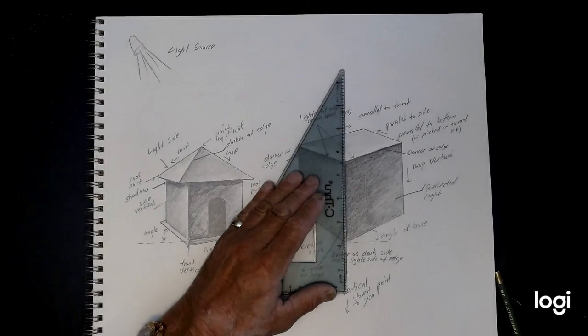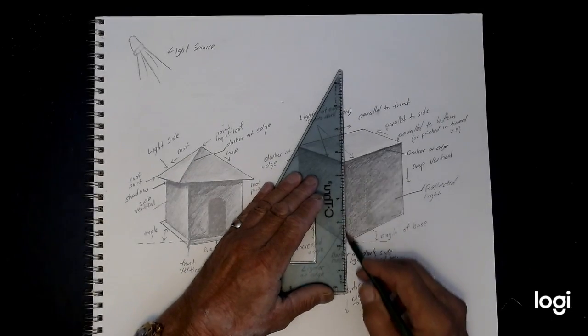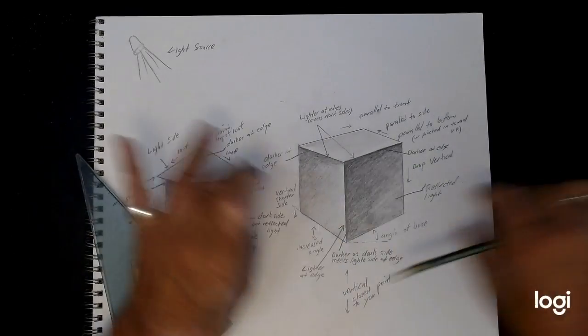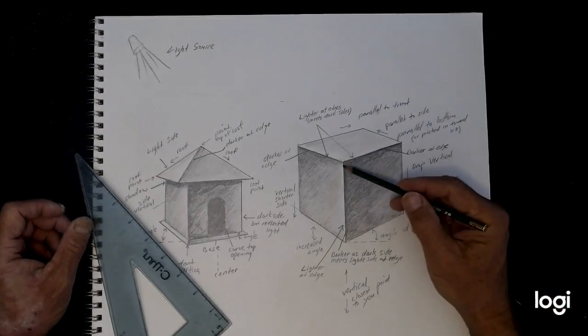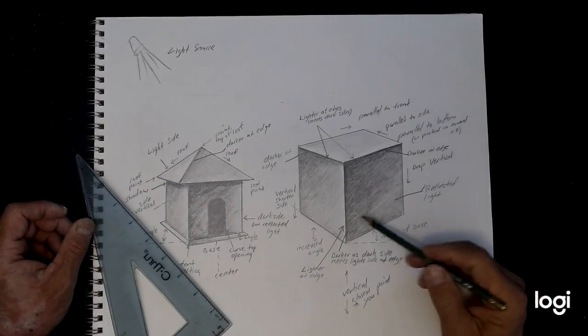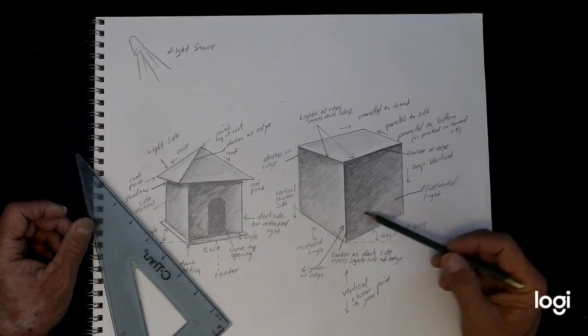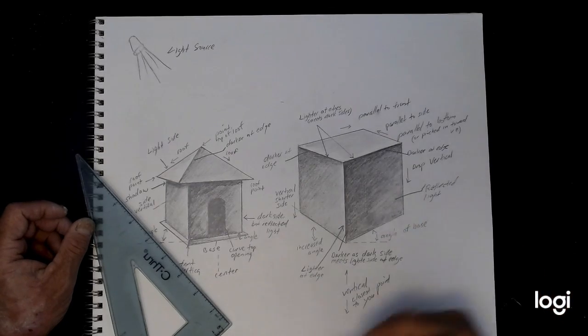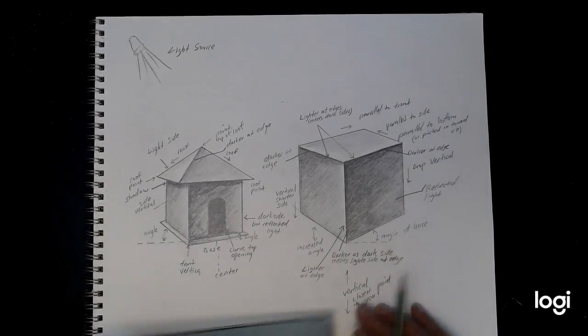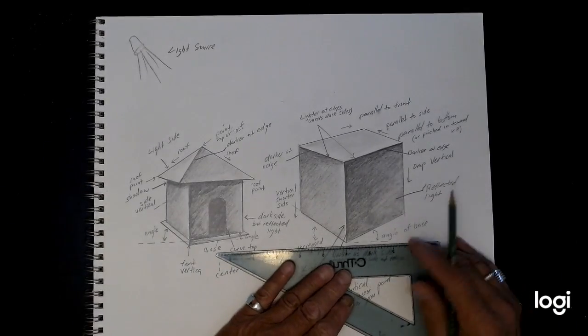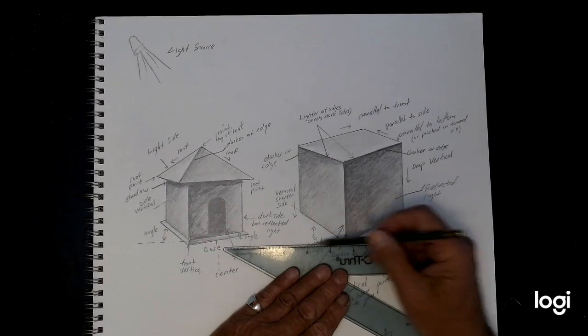Basically there's a straight line here, just estimating how big I want this thing to scale out to be. This is roughly 3 inches. You could do yours a little bit smaller when you're studying the subject. Then you have an imaginary line for the base here.